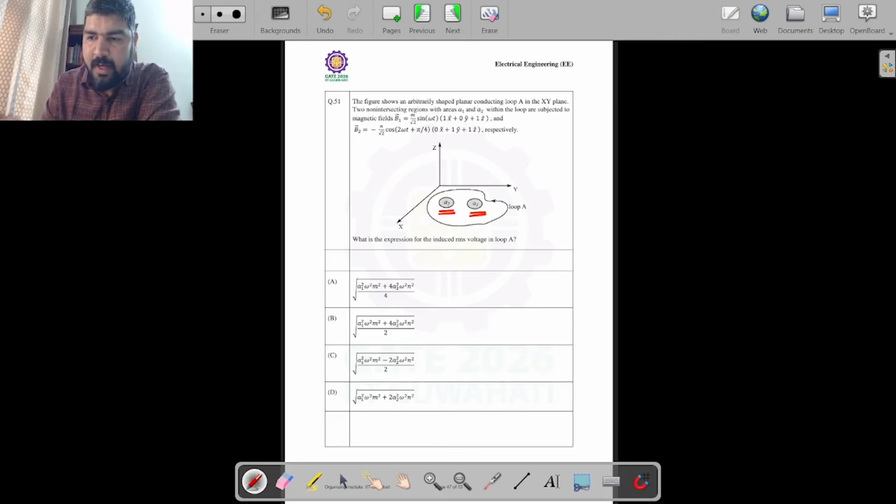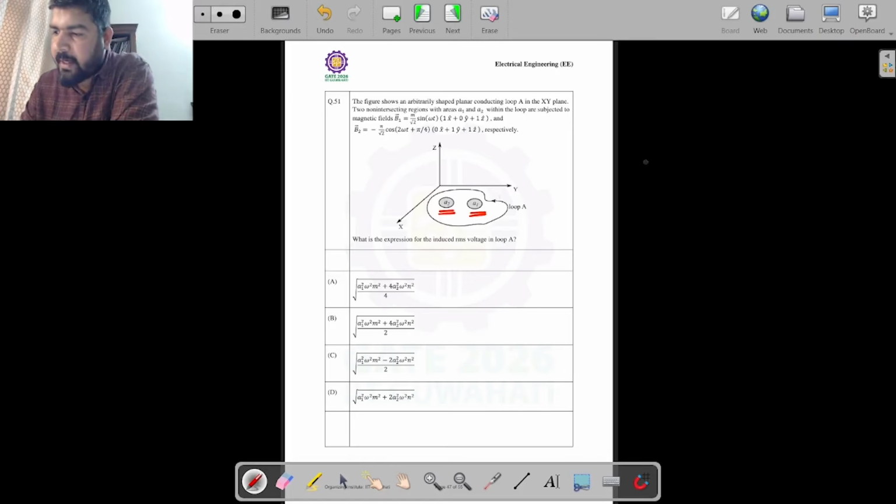In this area, the magnetic field is B1, and B is a vector field, so the direction is also provided. In this region, the magnetic field is B2. What is the expression for the induced RMS voltage in loop A? This is the loop A. We need to calculate the induced RMS voltage in this loop A.